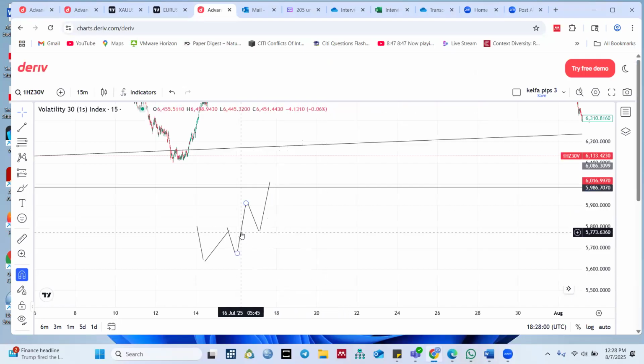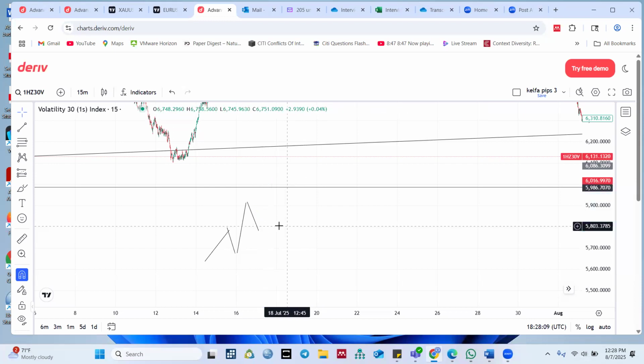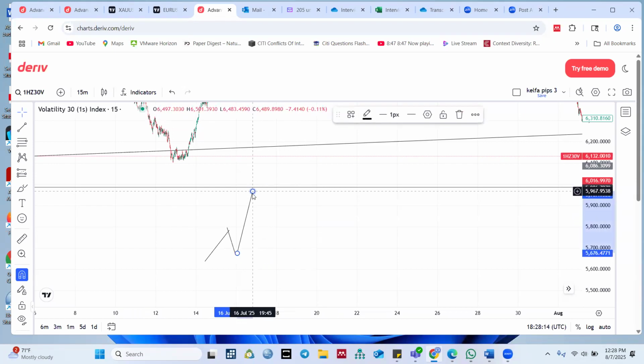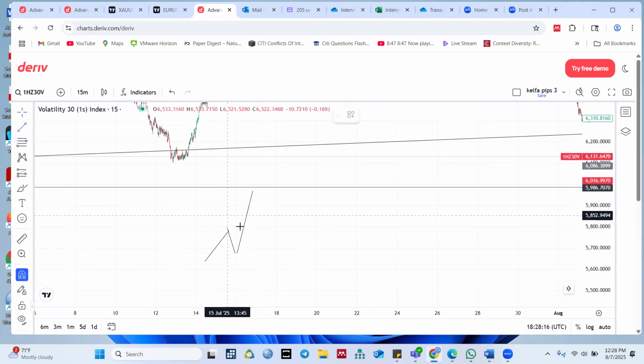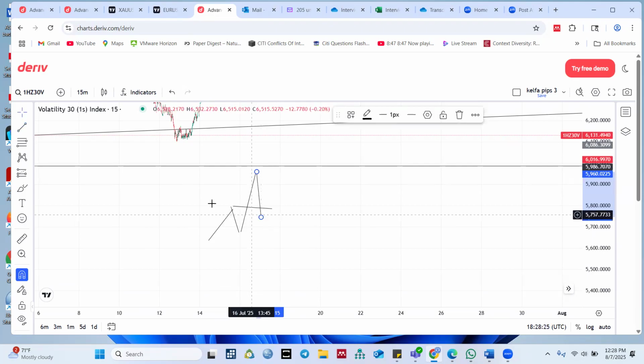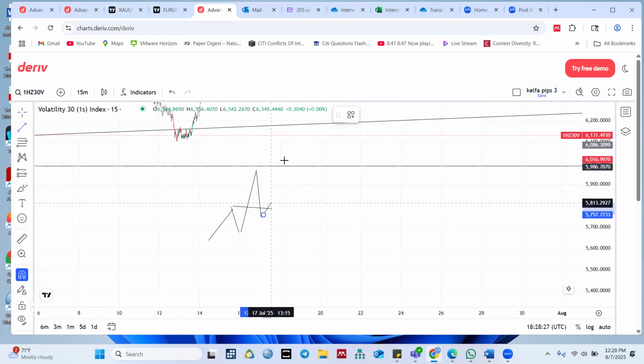Now if we are in a bullish situation and we have break of structure to the upside like this, break of structure here, the expectation is that market should drop here and then go up. That is the expectation in a bullish situation.